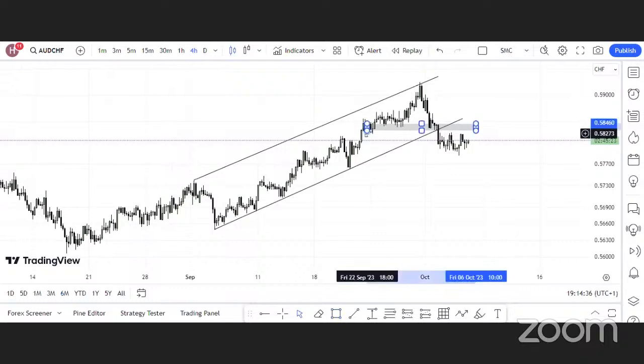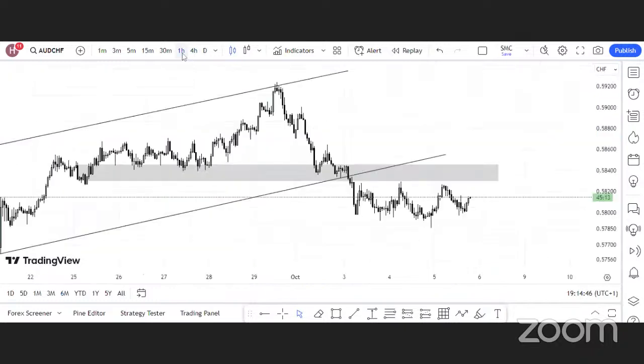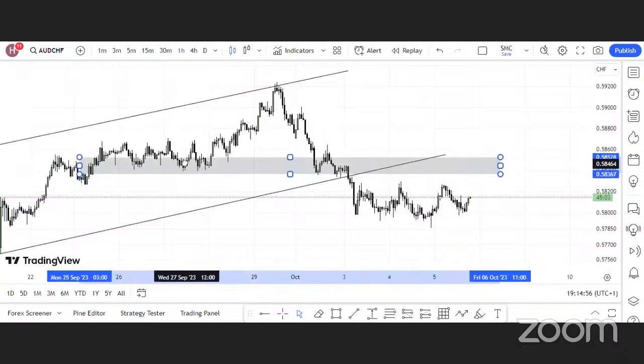All right. So what we are seeing here right now is a rejection candle. Yes. Guys, let's go to the 1 hour time frame to see this better. You see how the market has been respecting this support.